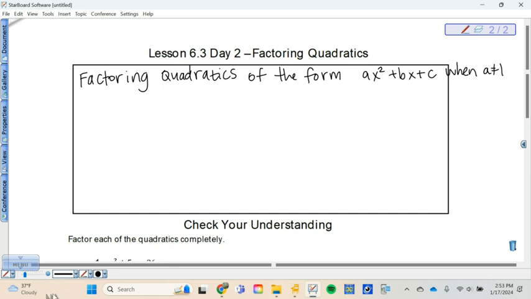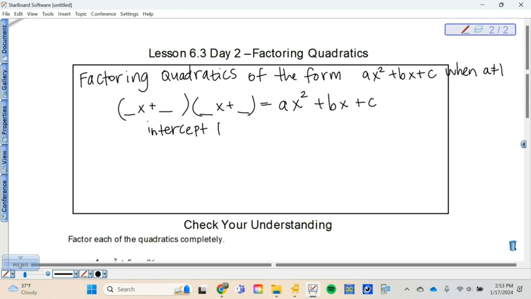It was always like an invisible 1. Today, a is not 1. Right? And again, I'm always going to have 2 binomials. I'm always going to have an x in each of my binomials. But then I have a number in front of the x and a number that I'm adding to the x. Right? And again, this is our intercept form. And this is the general form.